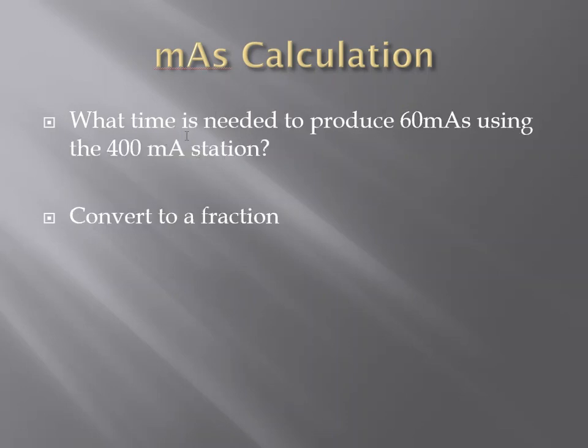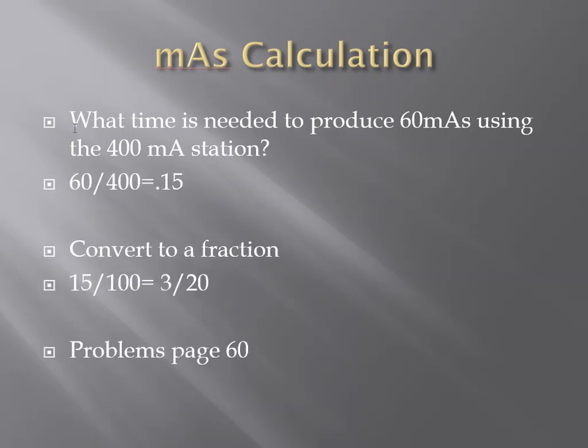So what time is needed to produce 60 mass using a 400 MA station? So again, you're going to have 60 divided by 400, but we'll want to convert that to a fraction. So we've got 60 divided by 400, which is 0.15, and then to convert it to a fraction, 0.15 is the same as saying 15/100ths.